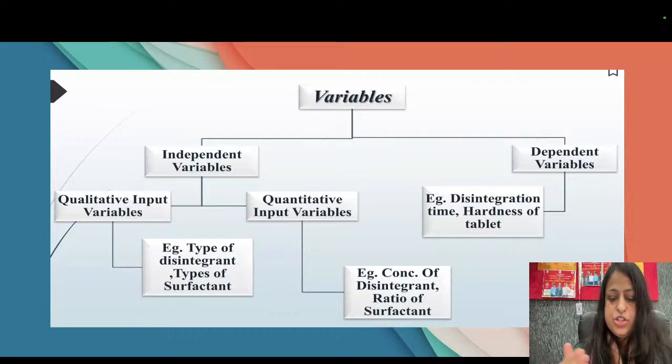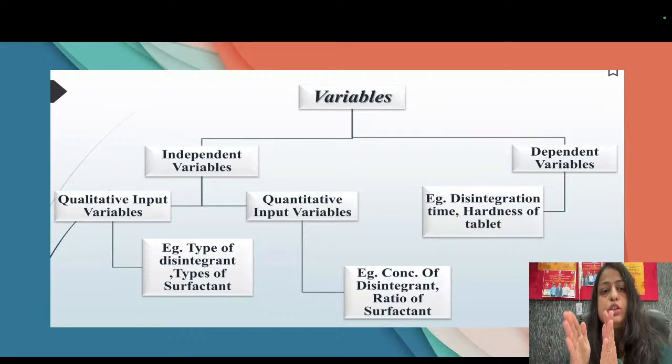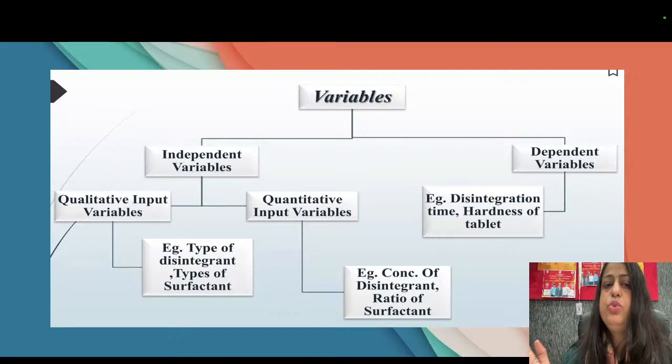So if I am selecting the binding agent, or the concentration of disintegrating agent, then the dependent variable should be the hardness of the tablet as well as the disintegration time of the tablet, because these two factors are directly dependent on the independent variables, and they will change as the independent variables change. If any one of this is missing, if you do not fill this, then you will not get the response, you will not get the perfect design.